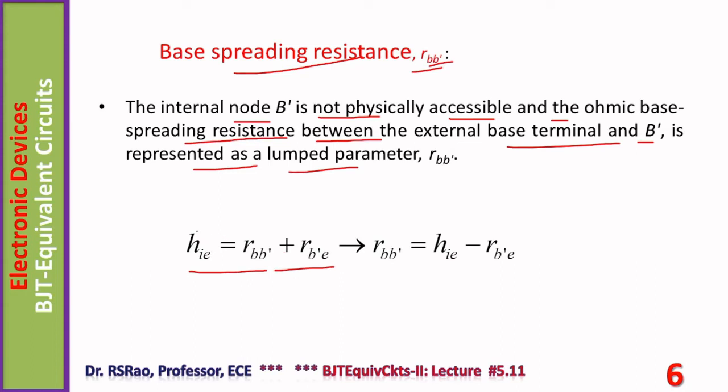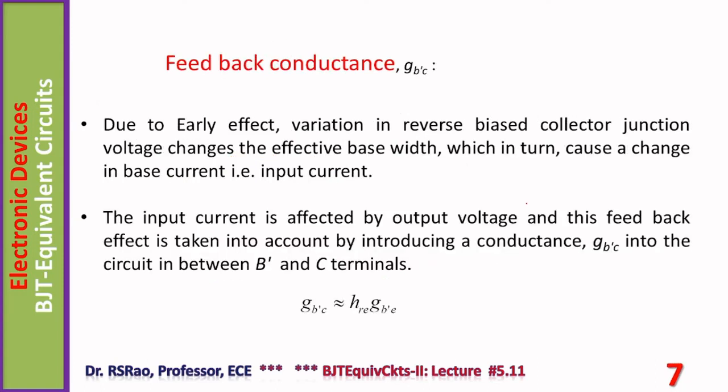So this is from the definition of hIE. When applied to the pi equivalent circuit, from the definition of hIE, one can get it being equal to r_BB' plus r_B'E. From this, one can say r_BB' is equal to hIE minus r_B'E. hIE is available from the data sheets. r_B'E is already calculated in the previous slide.